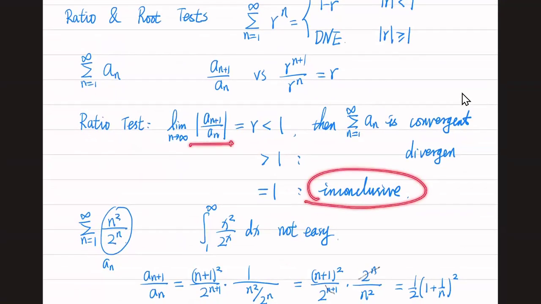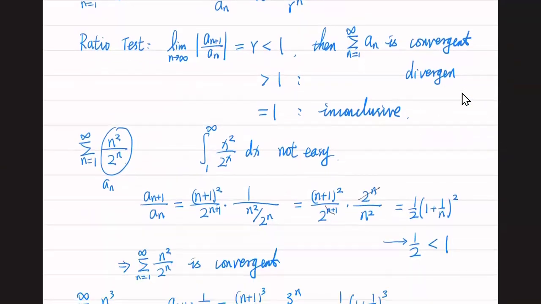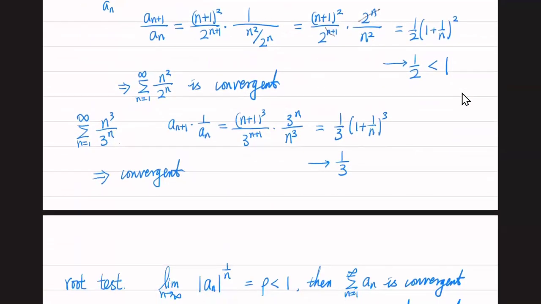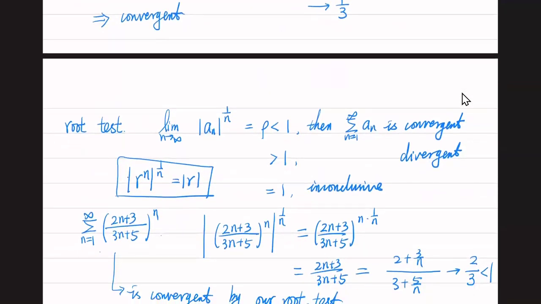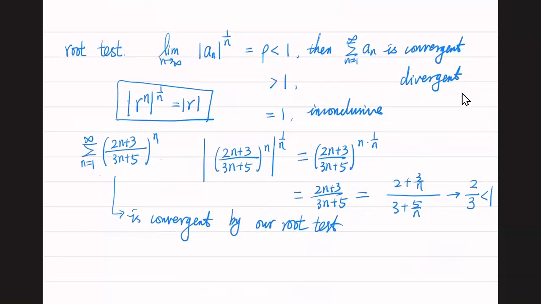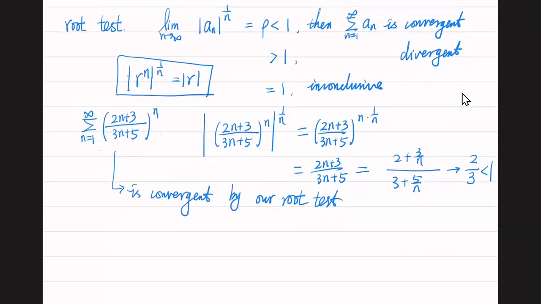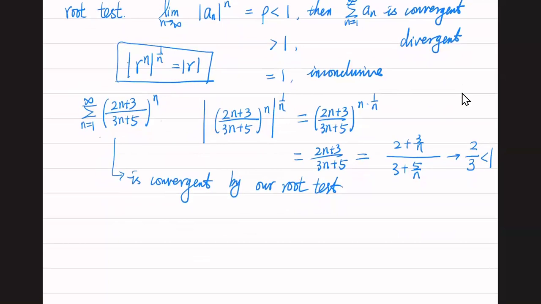If it equals 1, this doesn't work. You try different tests. Okay, so that's the preparation for the functions. We will have a 5 minute break. After the break, we go from series to power series.